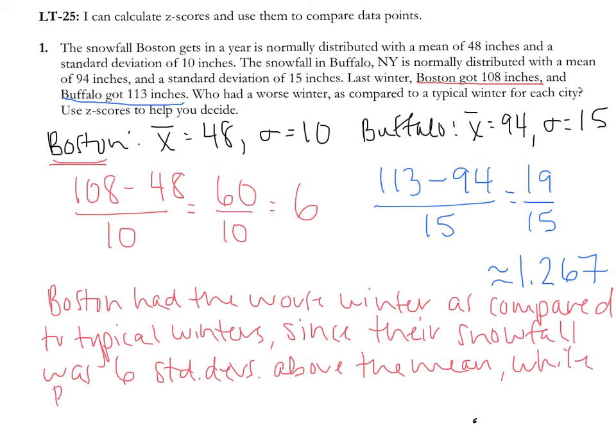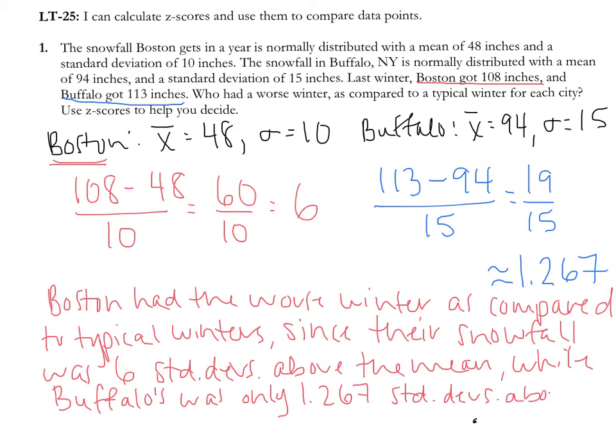While Buffalo's was only 1.267 standard deviations above the mean. So the idea in these problems is that you're going to calculate two z-scores, and that will allow you to compare two data points to what is typical or expected in their situations.